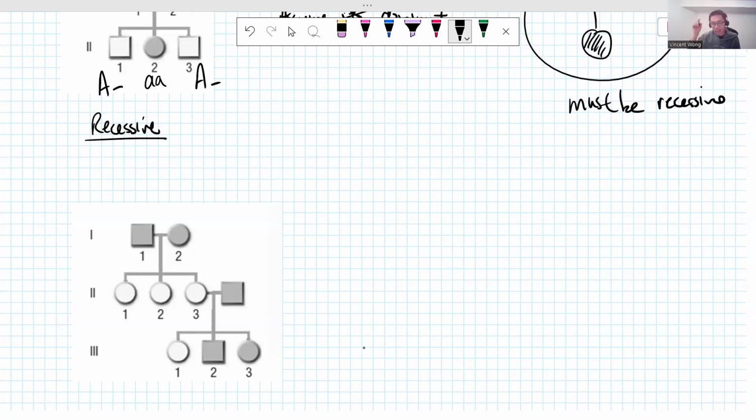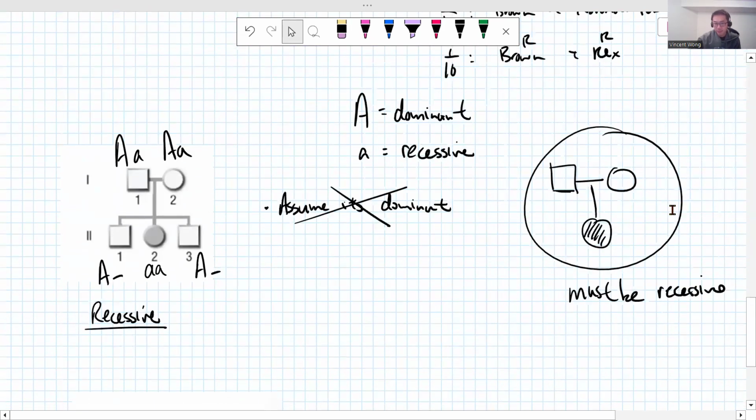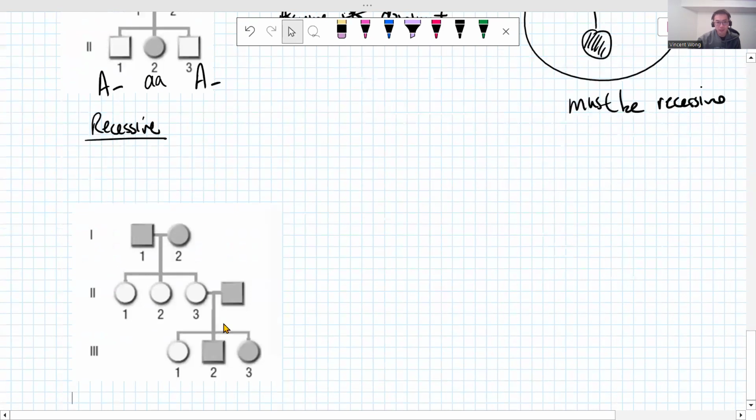But shaded means they have it. Yes, but this pattern is the parents don't have it, but the kids do. So we actually don't see this pattern. In this case, it's the other way around. The parents have it, but the kids don't.